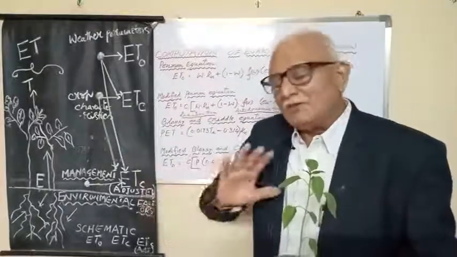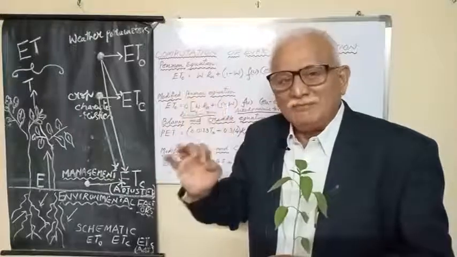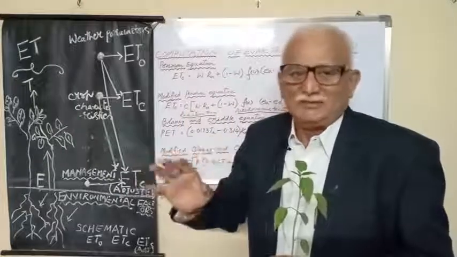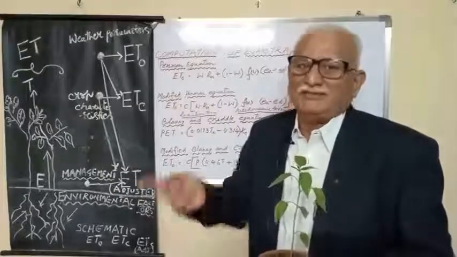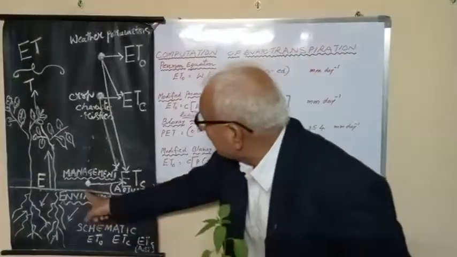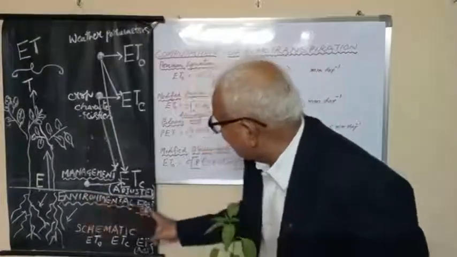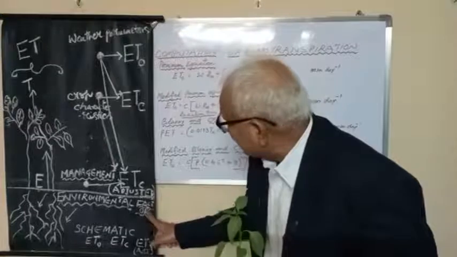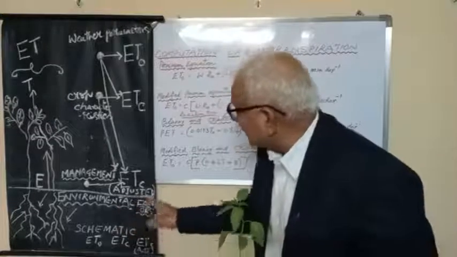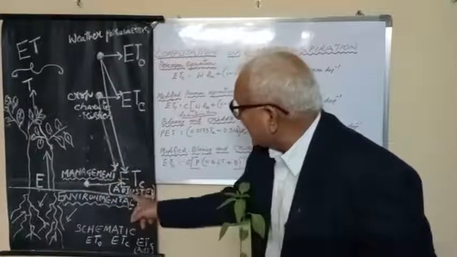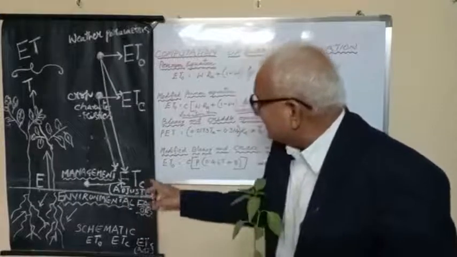The crop is not always supplied with the best environment, the best water supply, the best management practices. That's why management and environmental stresses are factors we include as far as ETc adjusted is concerned.